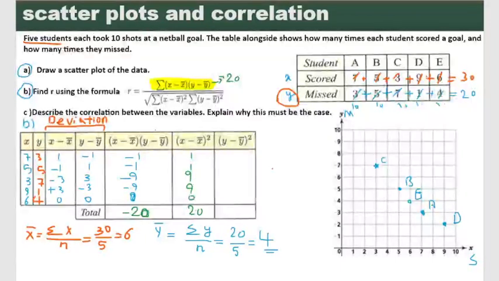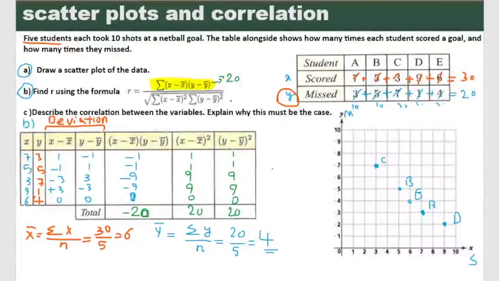So I exaggerate this deviation. I will go for the last column. Again, I have to raise this column to the power of 2, which is 1, 1, 9, 9, 0. Again, I will have 20.